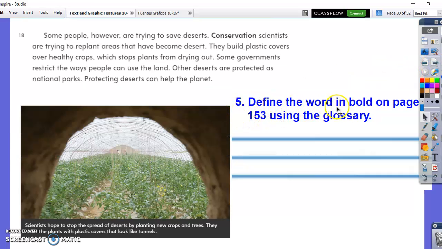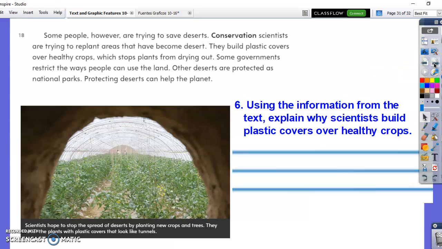Number 5, define the word in bold print on page 153 using the glossary again. Where's the word in bold print? Use the glossary to define it. And 6, using the information from the text, explain why scientists build plastic covers over healthy crops. And that information is in the paragraph here.